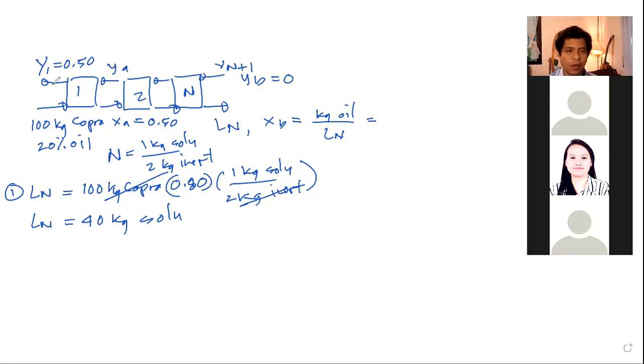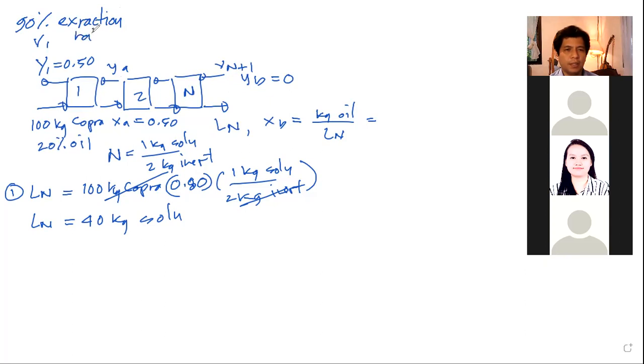Actually, what we can do is we can solve B1. Ang rate of extraction is 90%. We have a 90% extraction rate.